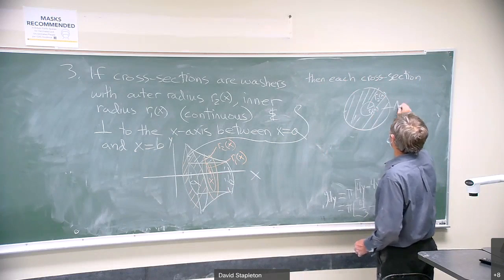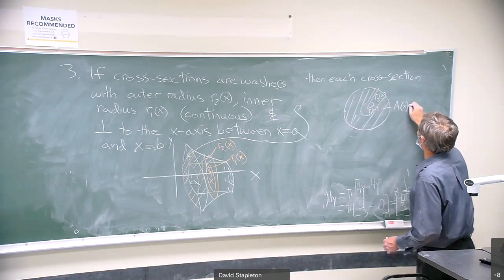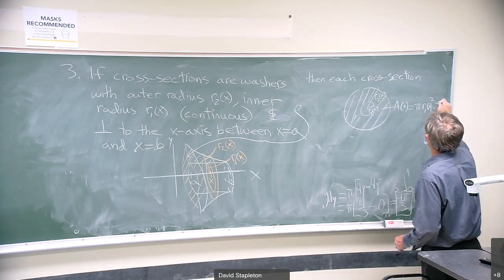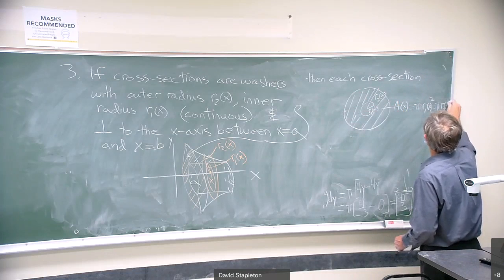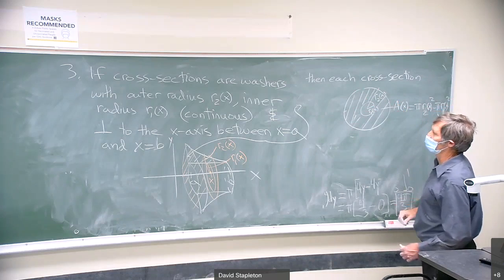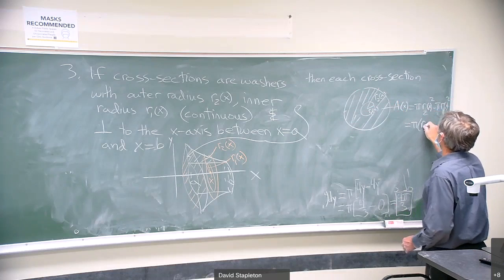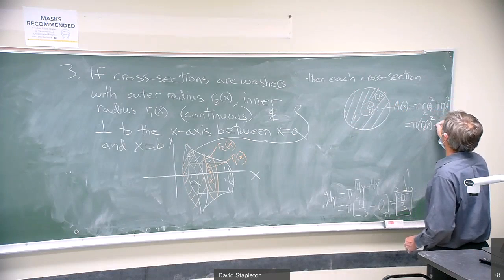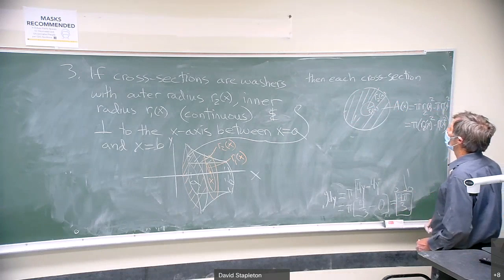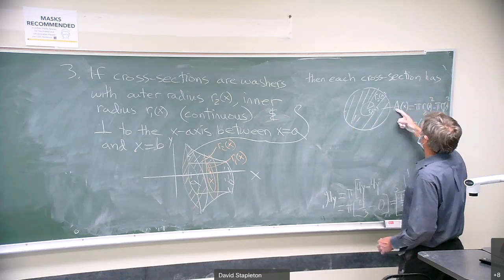So its area is the area of this circle minus the area of this circle. It's pi R1 of x squared minus pi R2 of x squared. I'm sorry, R2 of x is outside, and R1 is inside. So it's pi R2 of x squared minus pi R1 of x squared, which is also pi times R2 of x squared minus R1 of x squared. Each cross section has area equal to that.